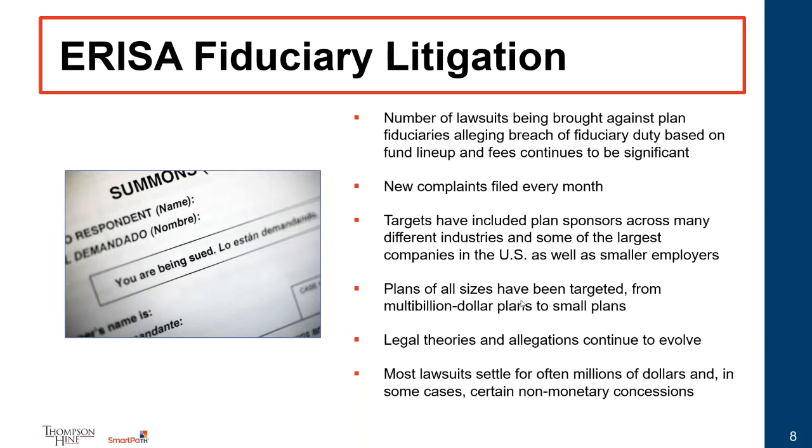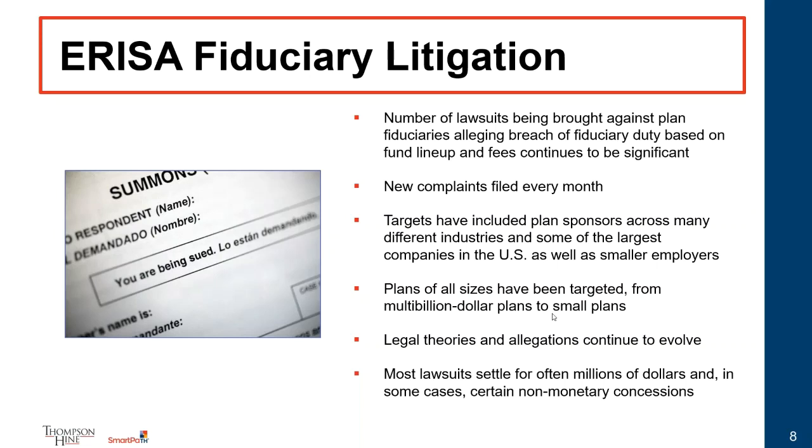But because of the evolution of the case law, even if you have a process and it checked the boxes, let's say 5 years ago, but you haven't refreshed or updated that process, there are probably opportunities to add things to the process, to revisit the way in which you record minutes from meetings.